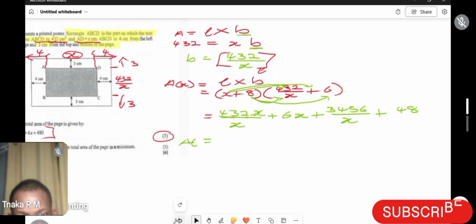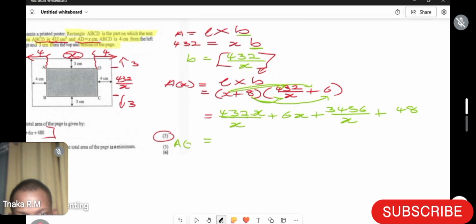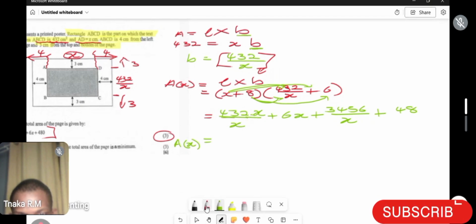Okay, continuing with our problem. Over here, 432x divided by x, the x's will cancel.